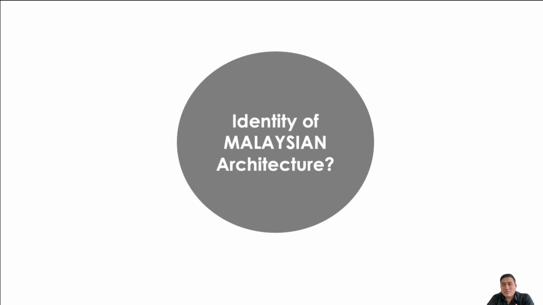If we talk from the perspective of identity, what is the thing that is supposed to be represented in our design that can represent the identity of our Malaysian architecture?